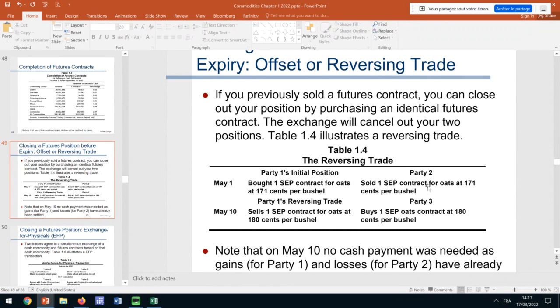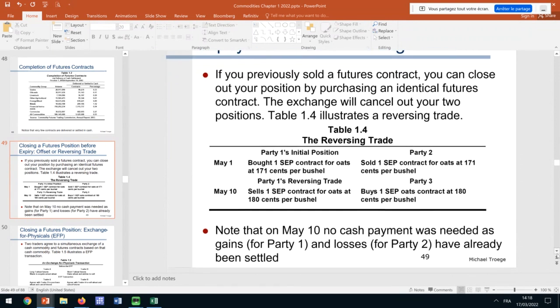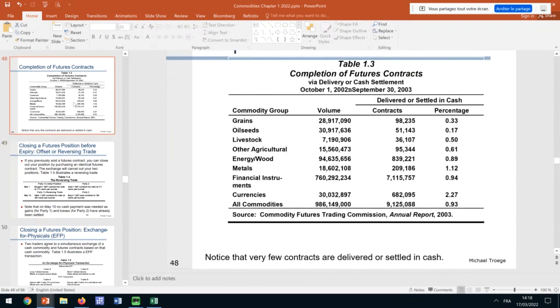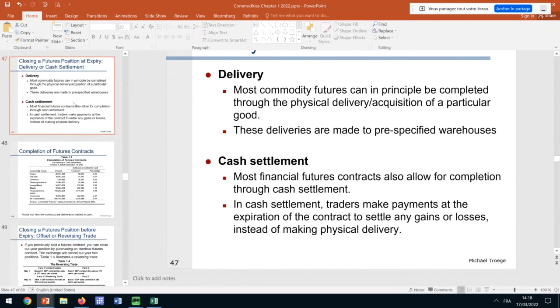Now you want to get out of this contract, so you just sell the same contract. Now you have two contracts with exactly the opposite direction, and you just cancel them out. I think the example is probably more complicated than the story, but that's something you have to understand.